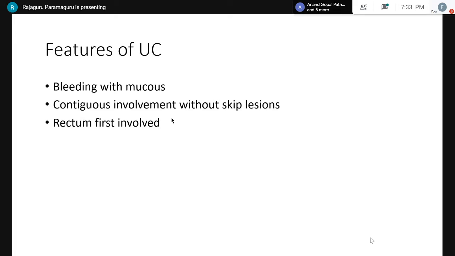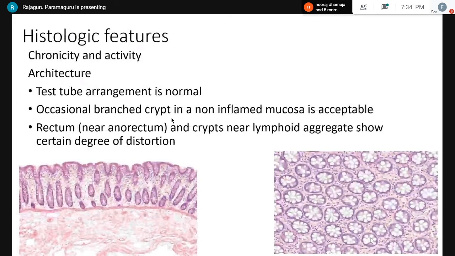I think there is going to be a session completely on inflammatory bowel disease, so I'm not going into details of that. The first site involved is the rectum, and then it goes proximally from the rectum, and in certain cases you can have a cecal patch.